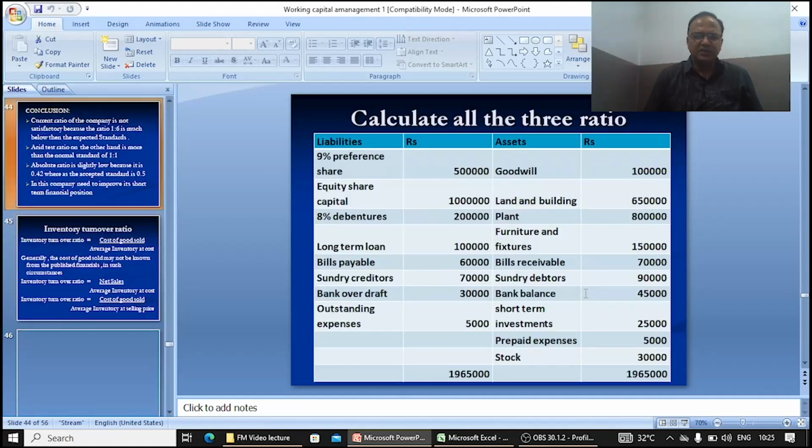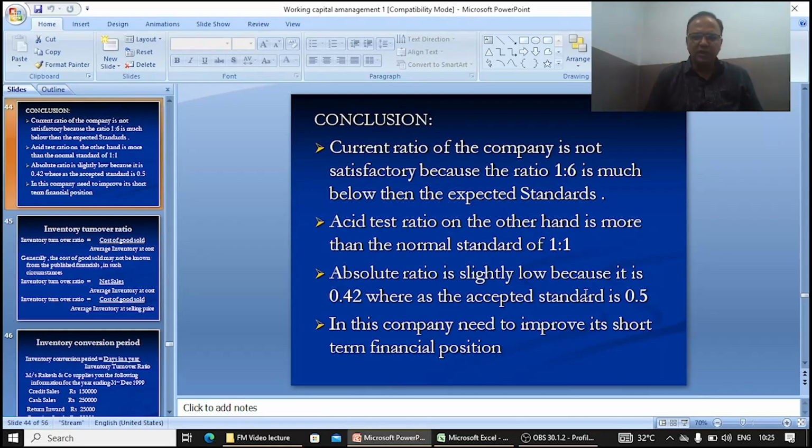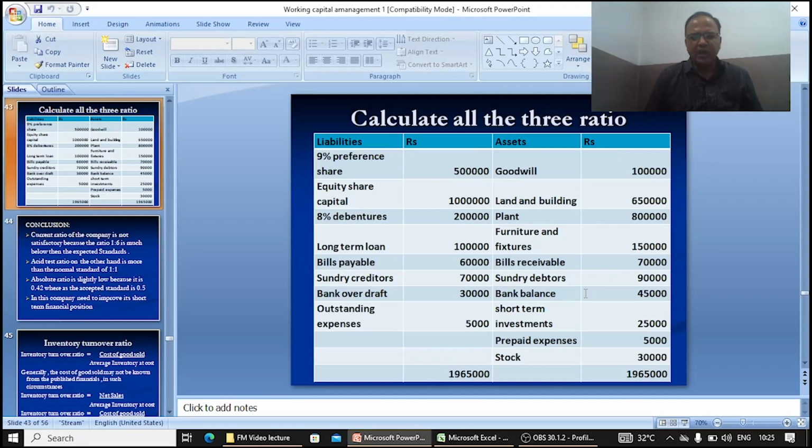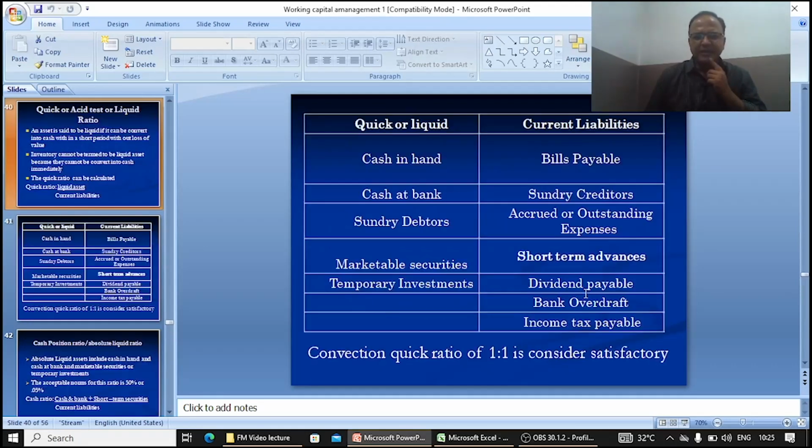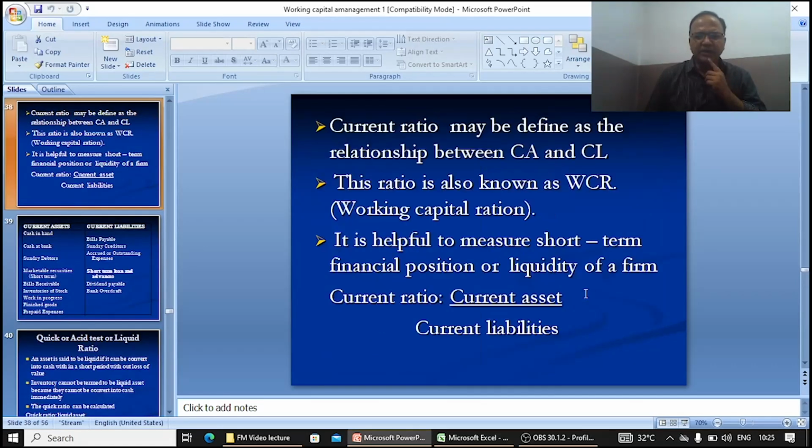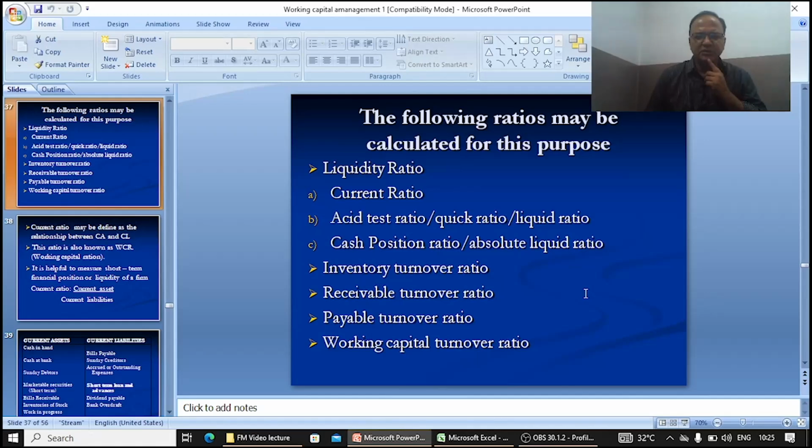These are the ratios to calculate working capital: liquidity ratio, inventory turnover ratio, receivable turnover ratio, payable turnover ratio, working capital turnover ratio. Whenever we talk about working capital ratios, these ratios we have to calculate.